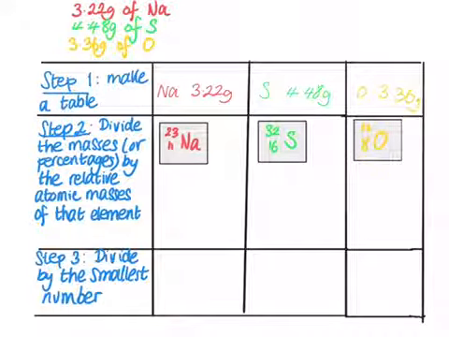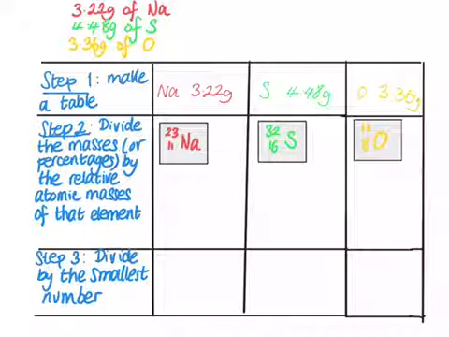The next step, it says divide the masses or the percentages. Sometimes these will be given as percentages, but you do the same thing, by the relative atomic masses of the elements. So the relative atomic mass of sodium is 23, the relative atomic mass of sulfur is 32, and the relative atomic mass of oxygen is 16.